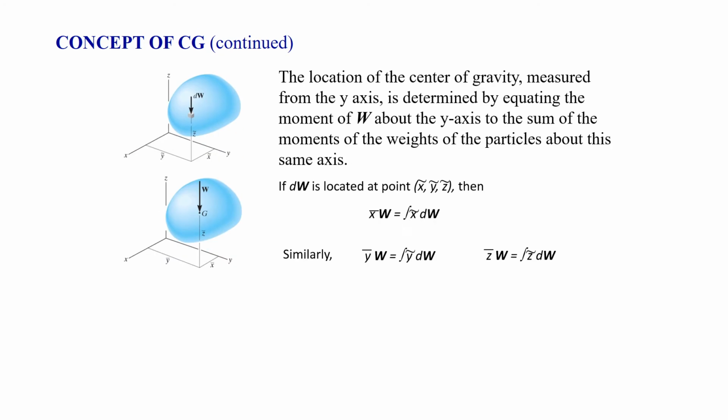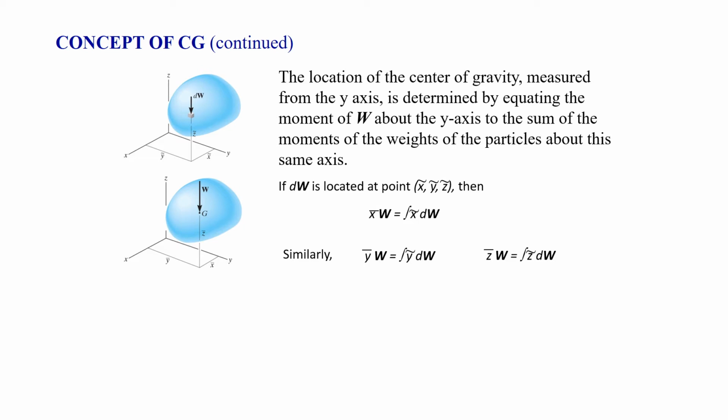The location of the center of gravity measured from the y-axis, so now we have a particular direction in which we're trying to determine the location along a particular axis, is determined by equating the moment of that weight about the y-axis to the sum of the moments of the weights of the particles about the axis.